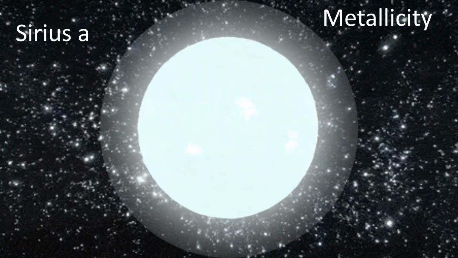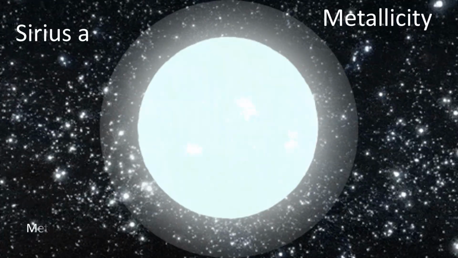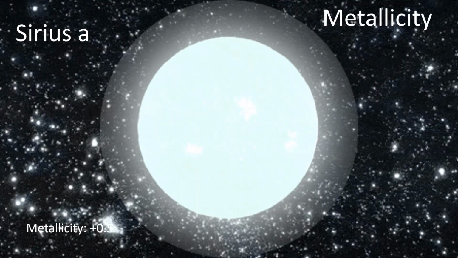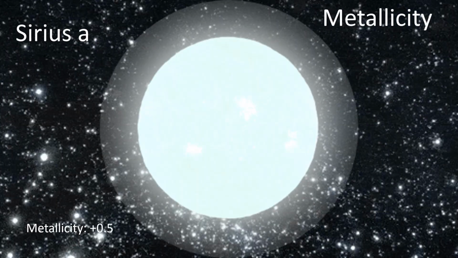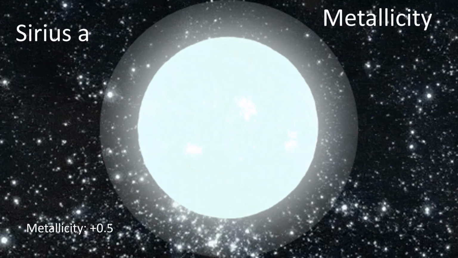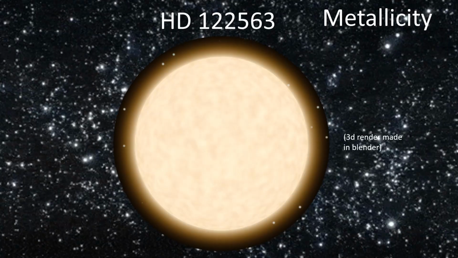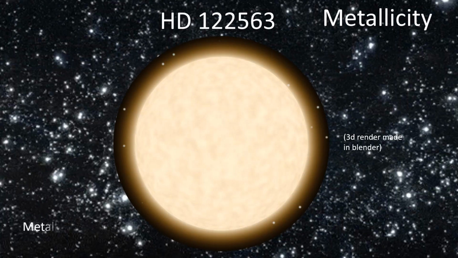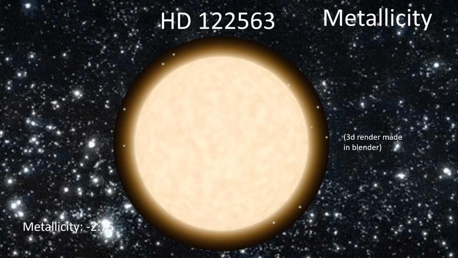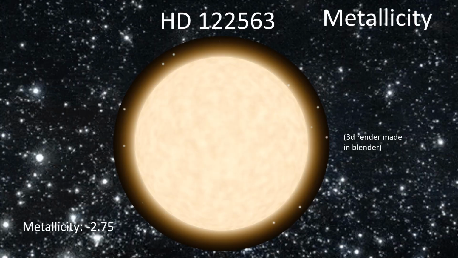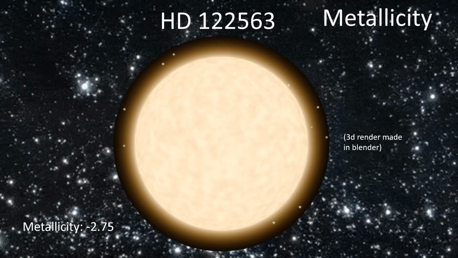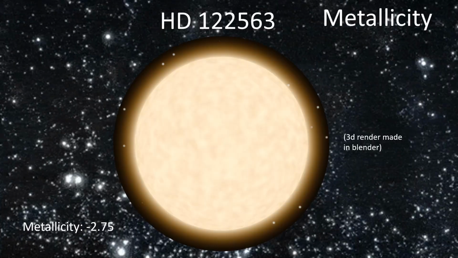Some stars have a higher metallicity than the Sun, for example, Sirius A, with a metallicity of around positive 0.5. Some stars have an exceptionally low metallicity, for example, HD 122563, with a metallicity of around negative 2.75.